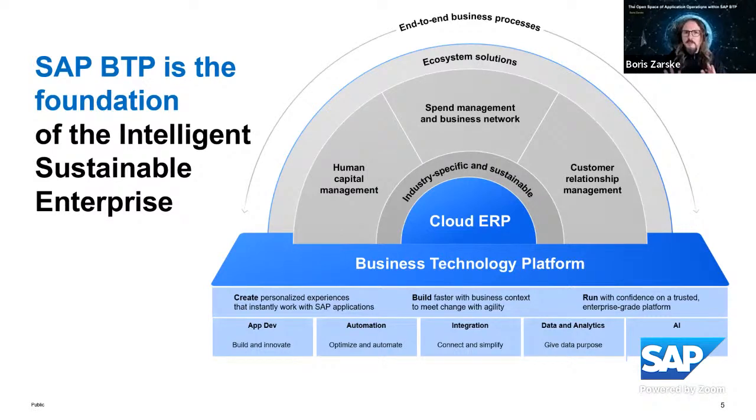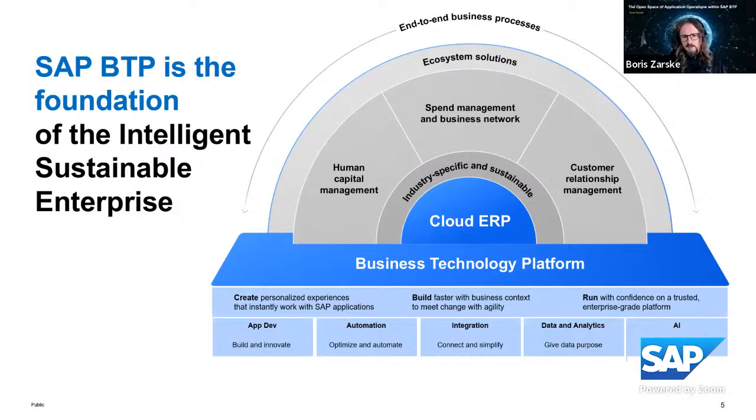And we do that with 5 pillars. One is application development, not surprisingly, but we also have automation capabilities for optimizing business processes, for example. We have integration capabilities for hybrid flows in SAP and non-SAP landscapes, where you have data flows across different providers.